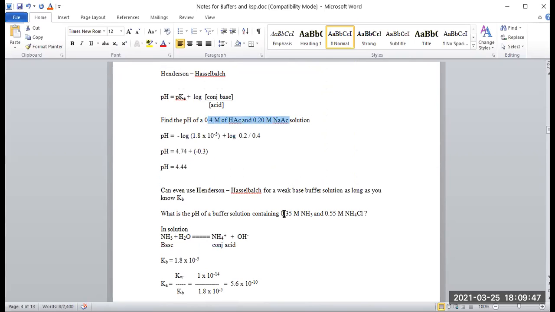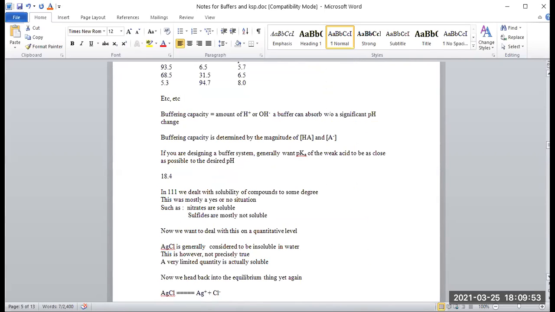For the base one, we had 0.3 and 0.5. Okay, those are all fairly typical, okay? You might be able to construct a stable buffer from like 0.5 molar, which would give you more buffering capacity, but causes other solubility issues to some degree. But it really does depend upon how much of your substances are present.